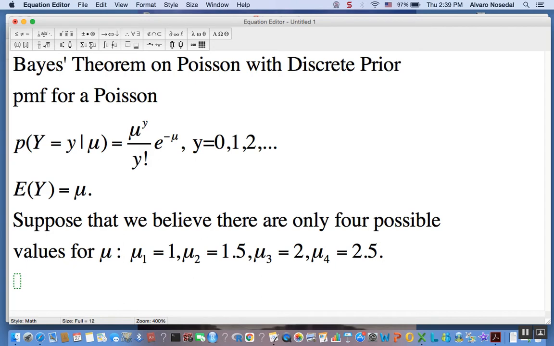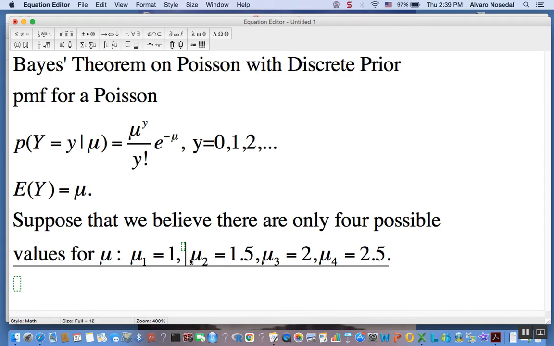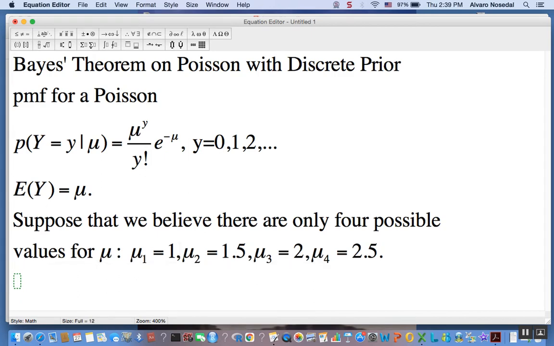so we have our possible values, but we need the corresponding probabilities for each of those values, right? So furthermore, suppose that we consider that mu2 and mu3 are twice as likely as mu1 and mu4.